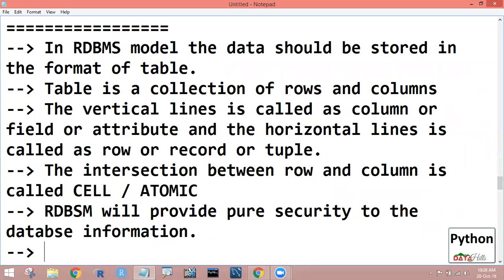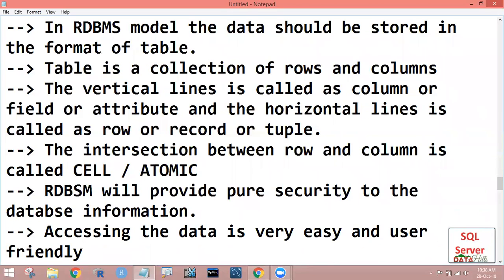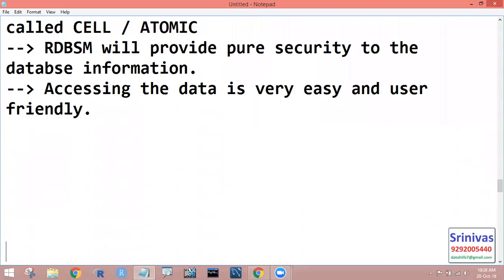Accessing the data is also very easy and user friendly.